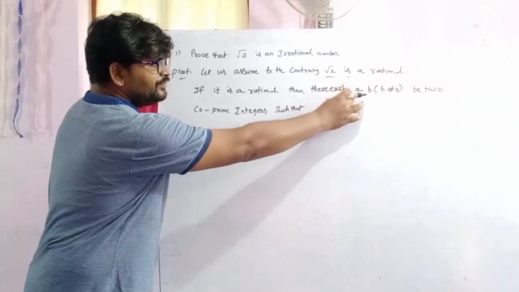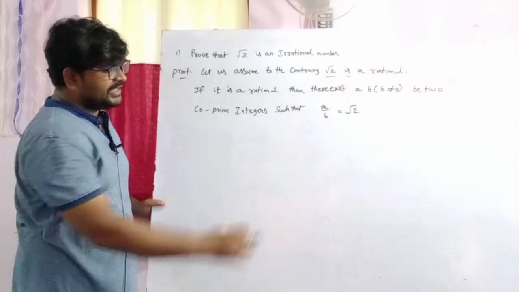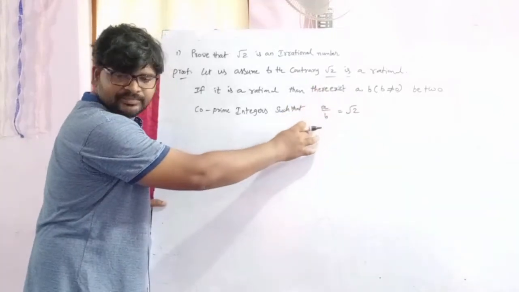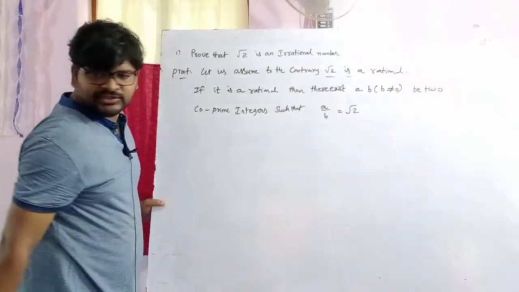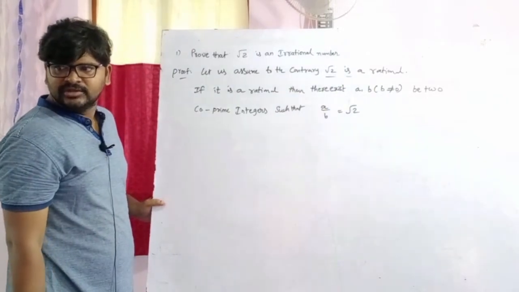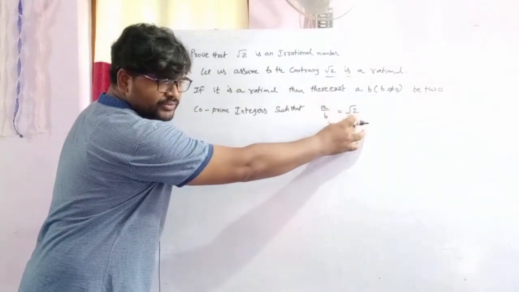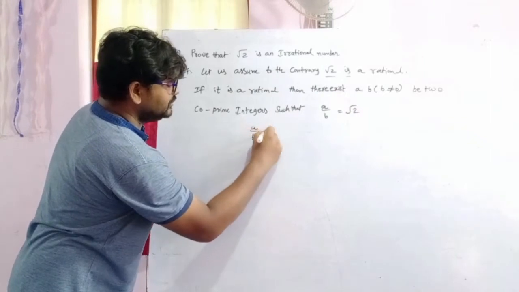Here a and b are co-primes and a by b is a rational number. That's why b is not equal to 0. So a by b equals root 2.